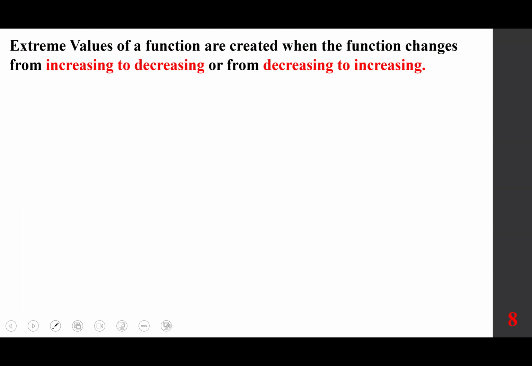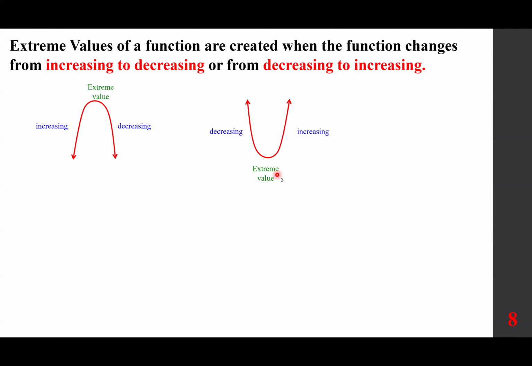Extreme values of a function are created when the function changes from increasing to decreasing or from decreasing to increasing. Note, the function is increasing first. Then it becomes decreasing. What's in between is an extreme value. More specifically, it's a peak, it's a local max. However, if it's decreasing first, then increasing, again, in between we have an extreme value.